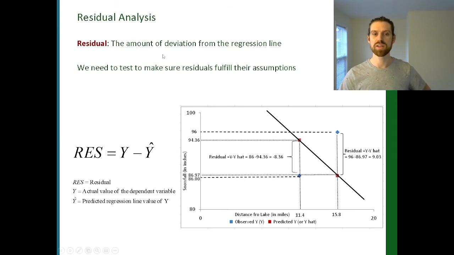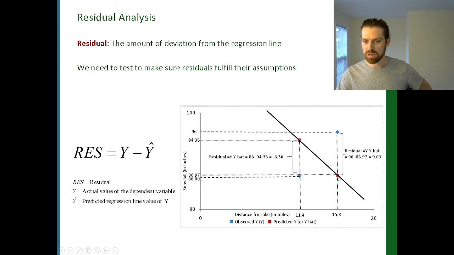So this is basically the unexplained portion, the deviation from the regression line, making sure that they actually meet the assumptions of the test. Here we have distance from a lake on the x-axis, and the snowfall on the y-axis. We have 2 red dots, which are the predicted values of y for given values of x, and then we have the blue points, which are the actual values of y for the 2 x points that we've got, okay.